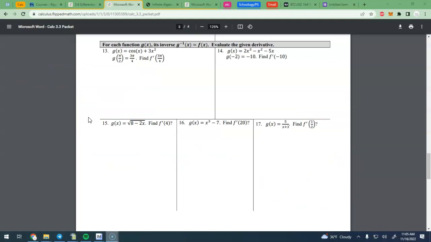18 and 19, I'm going to leave for you to try on your own if you would like. Happy to help walk anyone through them individually. I'm not worried about them as a class. I would like you to go to 3-4, differentiating inverse trig functions, and write out the definition of the formula.